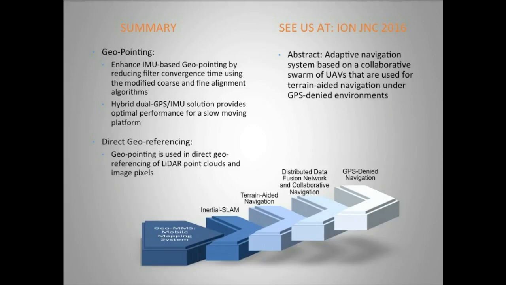We address the geopointing capability and how we optimize our algorithms to address cases where an approach of a GPS, dual GPS, or IMU in and of themselves are not applicable. And we can address those either with the algorithms or with a hybrid approach. And then we show that once you have the geopointing information, you're able to directly georeference LiDAR data, camera data, to provide very accurate point cloud coordinates or image coordinates. And from there, you build up the higher level capabilities that you see here.